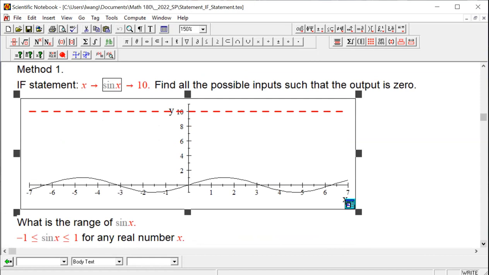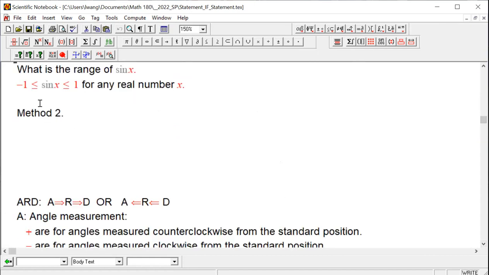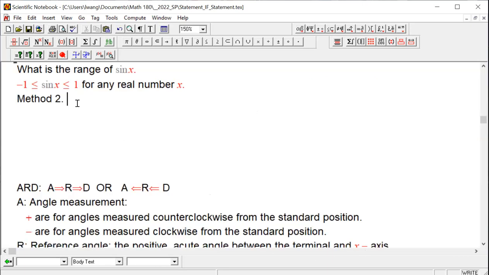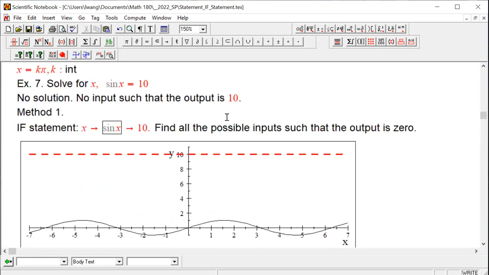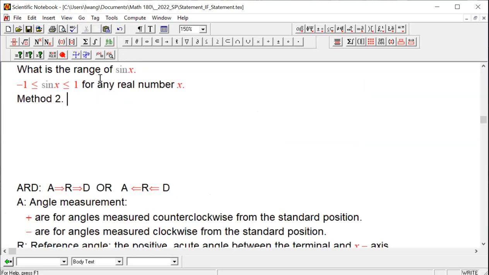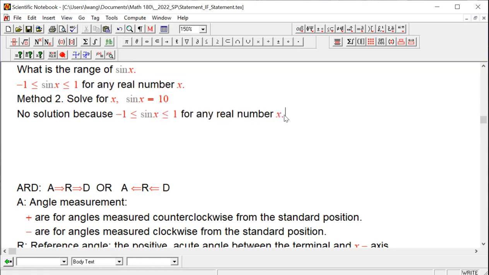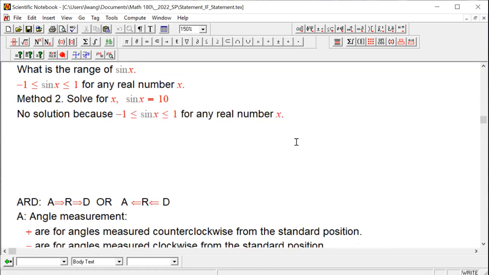And for this one, we can just use the range. Method 2, we can say, solving for, I'm just going to make it complete, for the same question, we say no solution because of that. And that's one version.